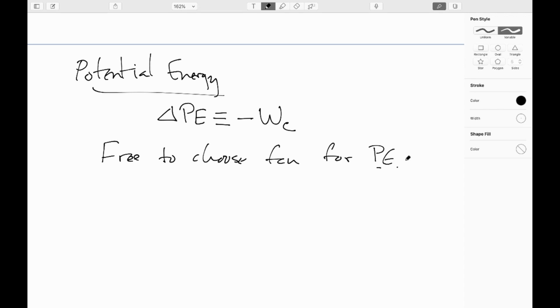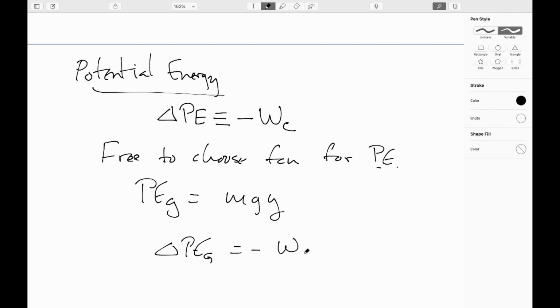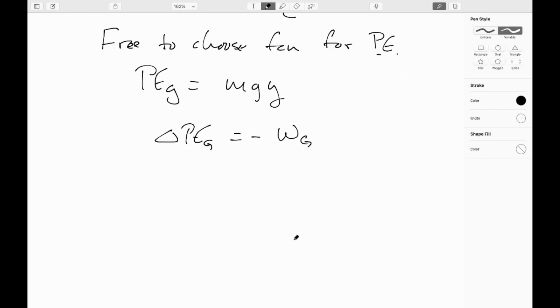Now, for instance, one choice we could make for gravity would be mgy. Let's test to see that that works. The change in the gravitational potential energy would have to be equal to the negative of the work done by gravity. So this would be mg times y final minus mg times y initial.